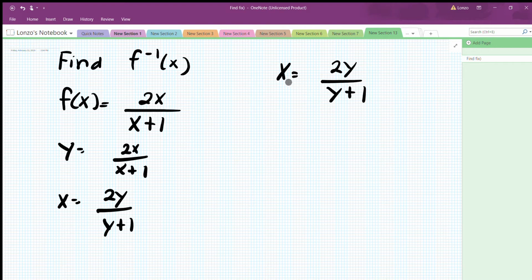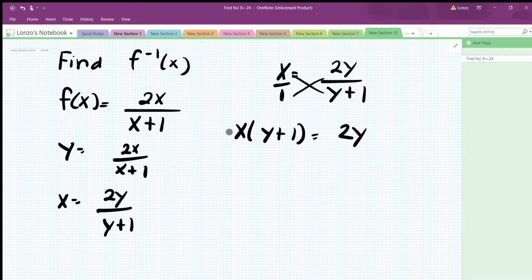My goal is to solve for y. So this has an invisible 1, and then what I'm going to do is cross multiply. So x times y plus 1 equals 1 times 2y, which is 2y. I'm going to FOIL out this x, so it's going to be xy plus x equals 2y. Now, what am I going to do next?